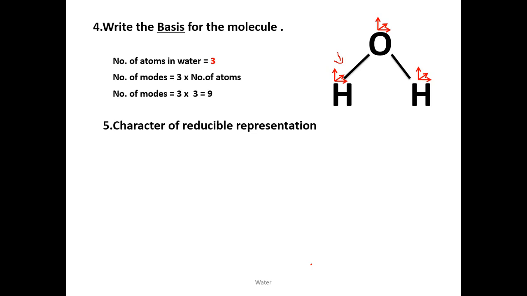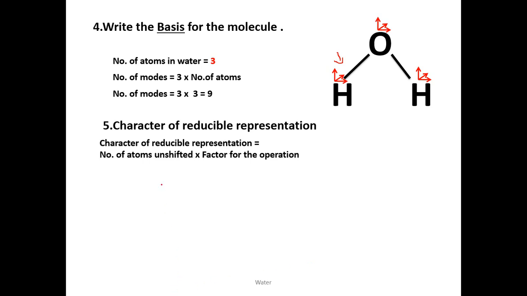Multiplying the number of unshifted atoms with the factor for the particular operation, we get the character of the reducible representation. Character of the reducible representation is equal to number of atoms unshifted into factor for the particular operation.